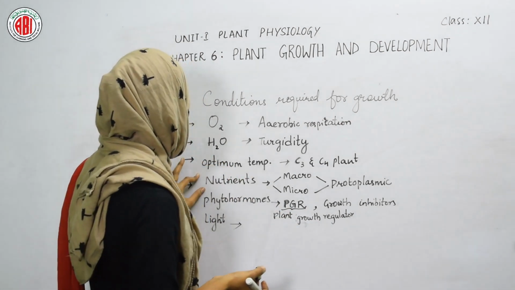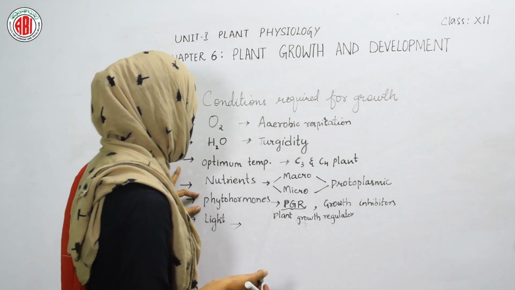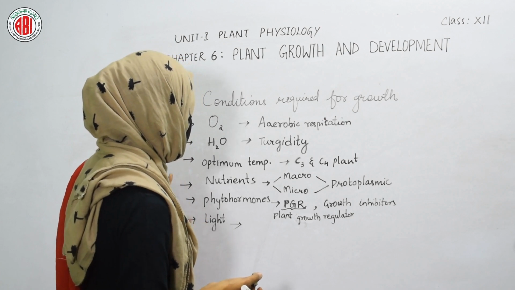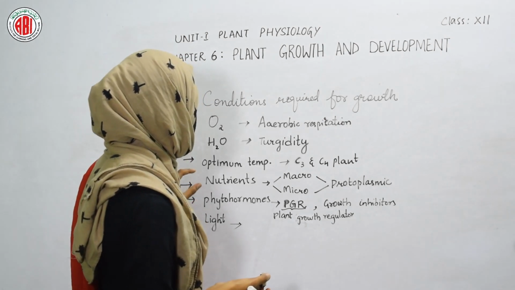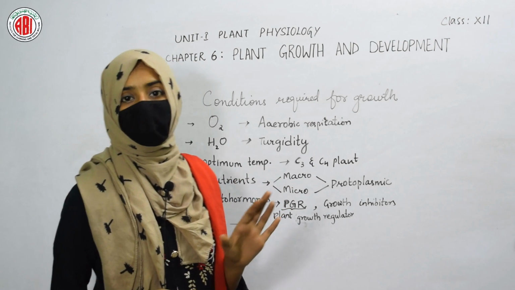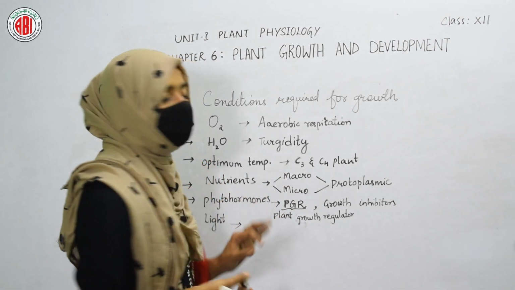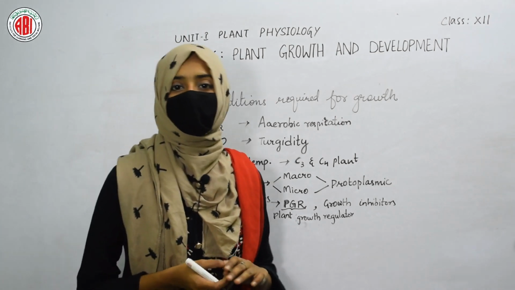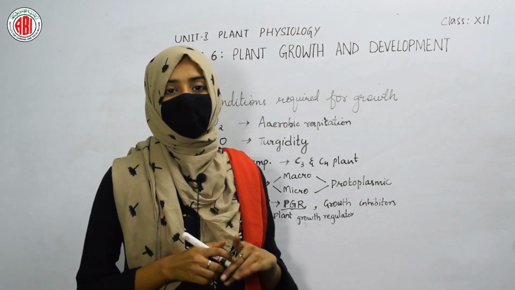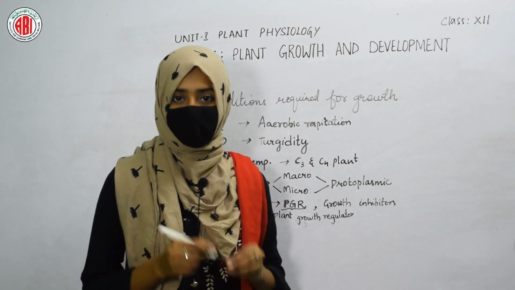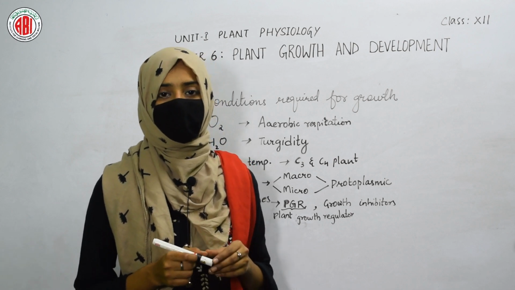So nutrients are also important. Phytohormones also play a very important role and are required for the growth of different plants, and light is also required by the plants to show growth. So this is about the different conditions needed by the plants to show growth.